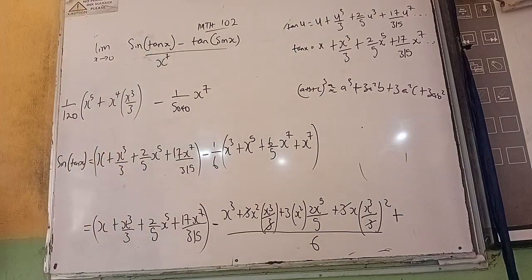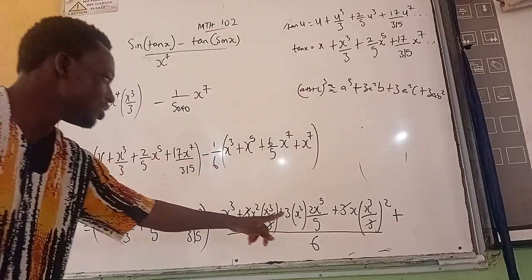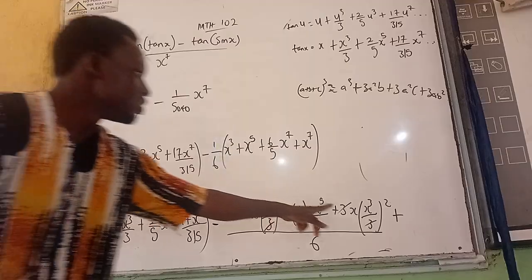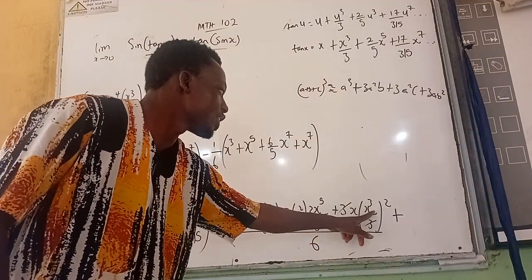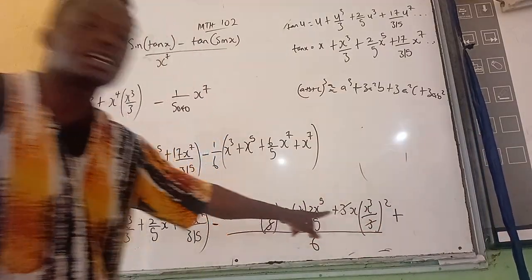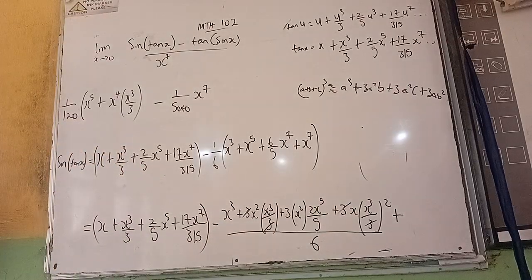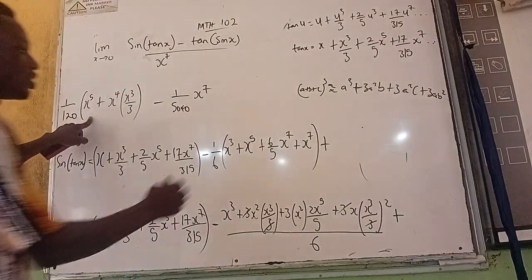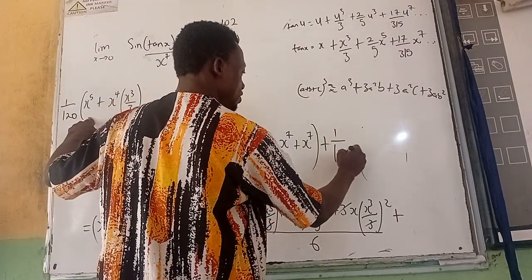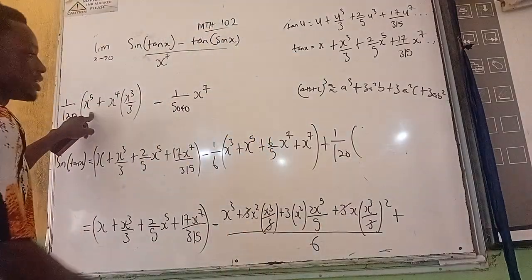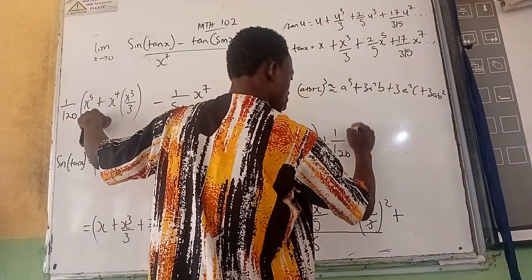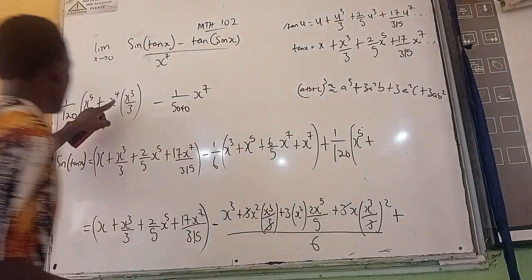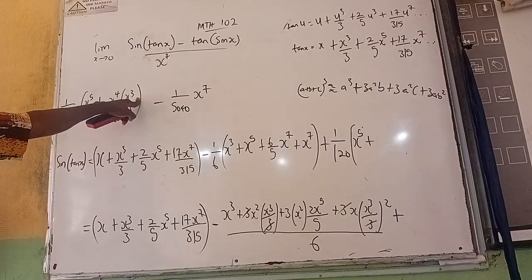Yeah, I hope that's clear. This and this x^5, this and this x^7, 3 times 2, 6 over 5. So 3 cancels 3, s cubed squared, that's x^6 times x, x^7. I hope the video is clear. So plus the next one here, we have 1 over 120 x^5 plus x^4 times x cubed, that's x^7.